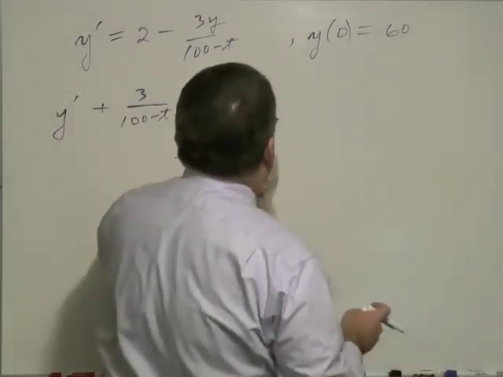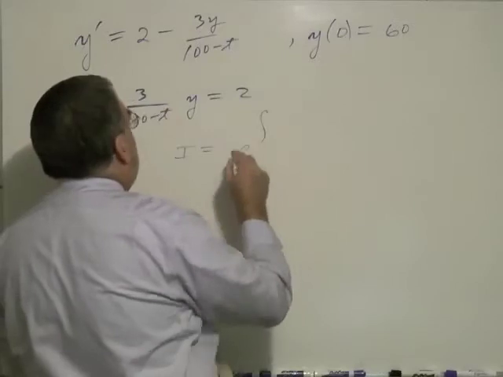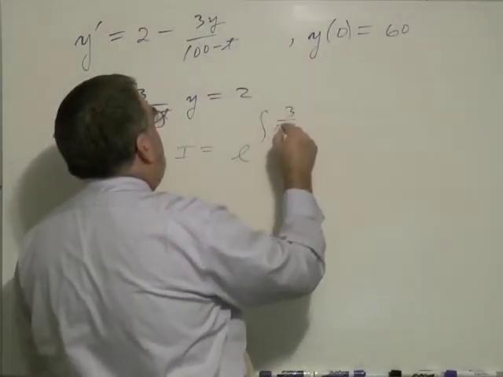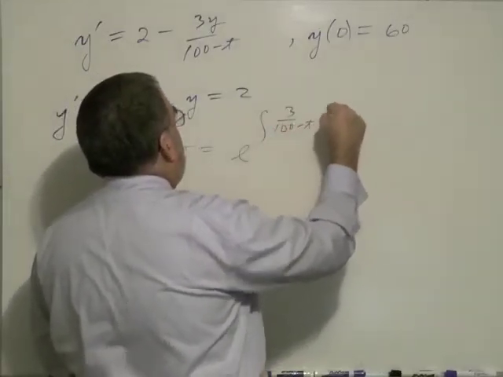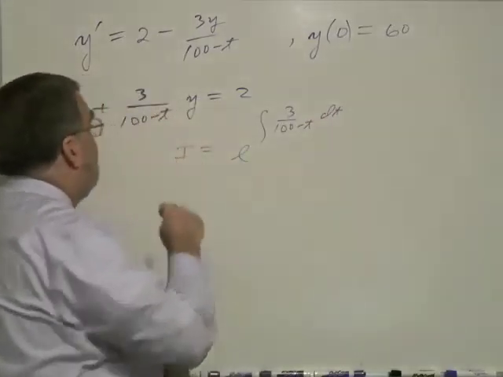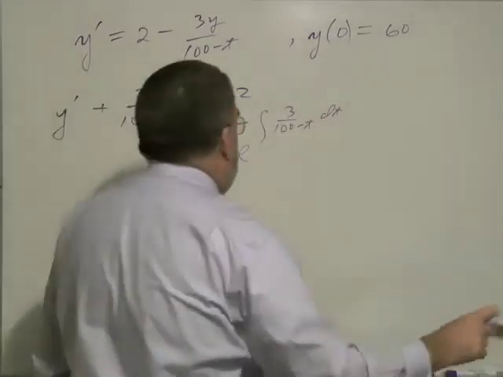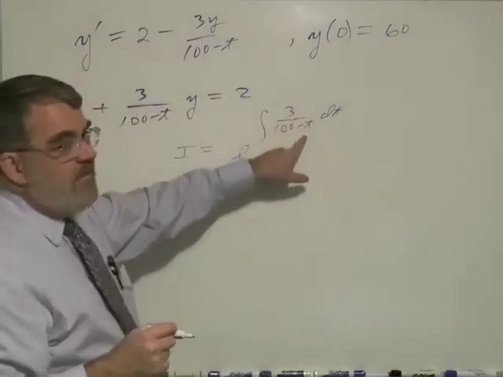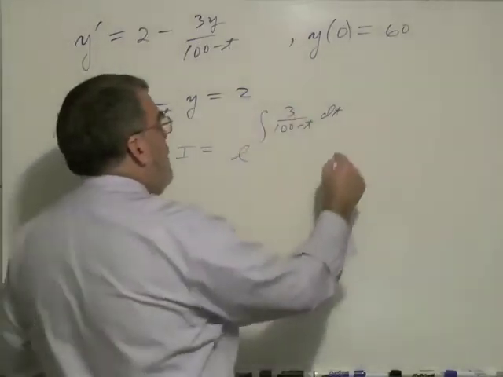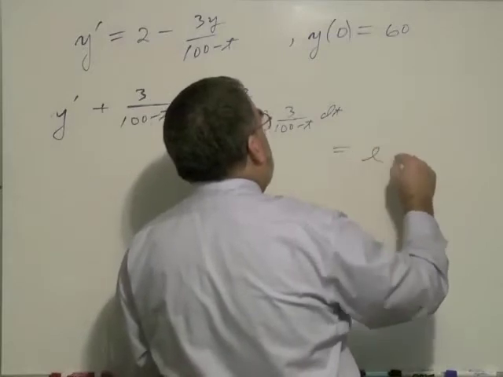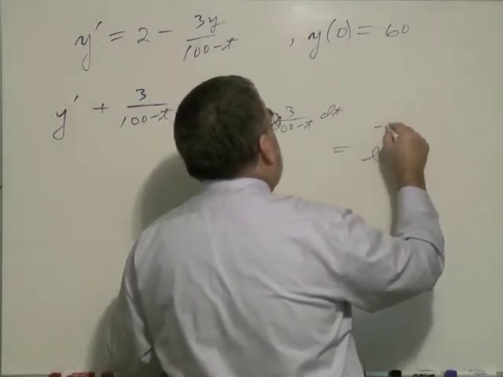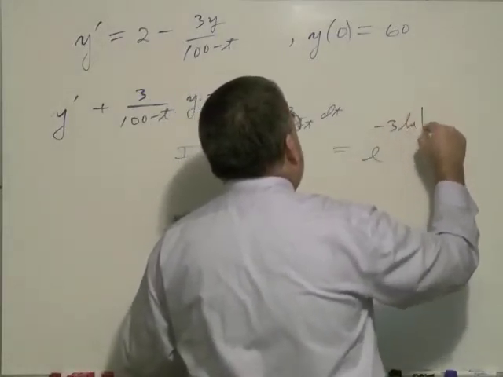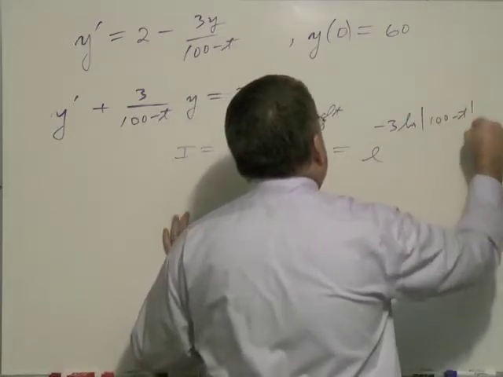e raised to the integral of 3 over 100 minus t dt. And let's see, this is a logarithmic form. It's like a dt over t form. And what would it actually be? It would be e to the, I believe it's going to be negative 3 natural log absolute value 100 minus t.